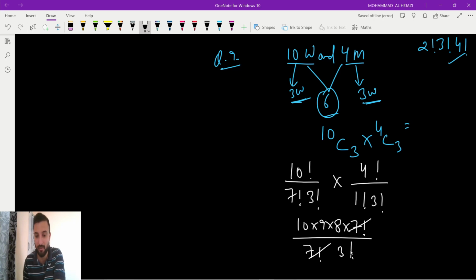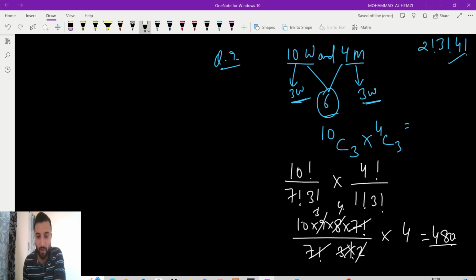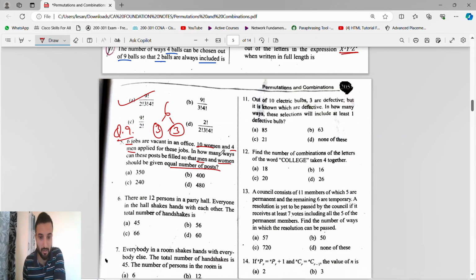So 7 factorial will get cancelled. 3 factorial is 6, we can write 3 into 2, and 4 factorial is 4 only. So it will get cancelled. 2 4s are 8, 3 3s are 9. So it will become 10 3s are 30, 30 into 4 is 120, 120 into 4 is 480. Let's see the answer. Yes, it's 480.